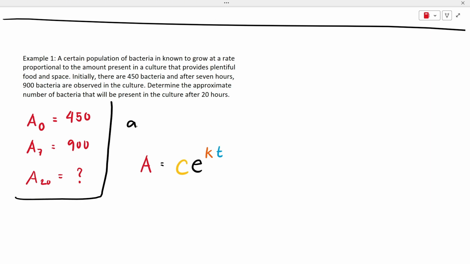At the beginning, at time 0, the amount of bacteria is 450.